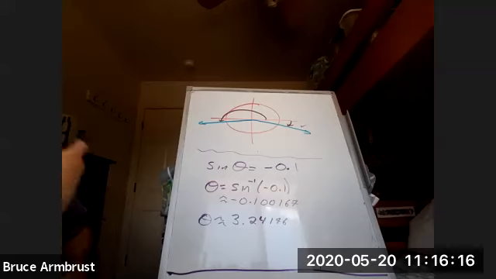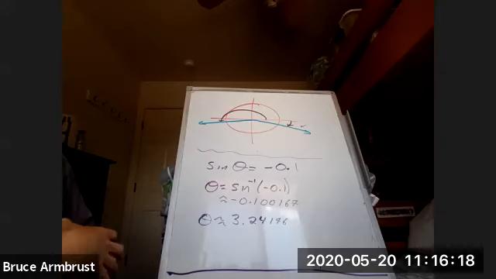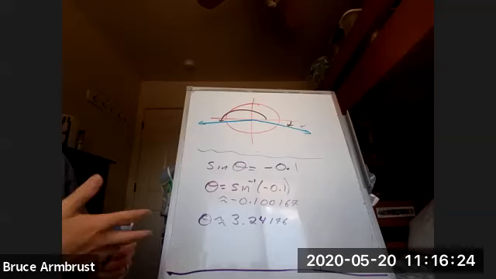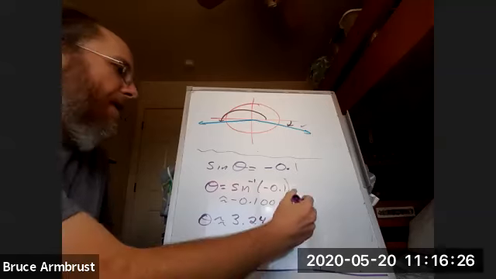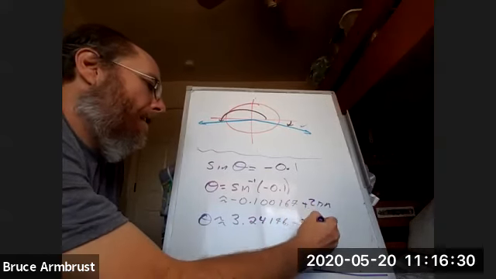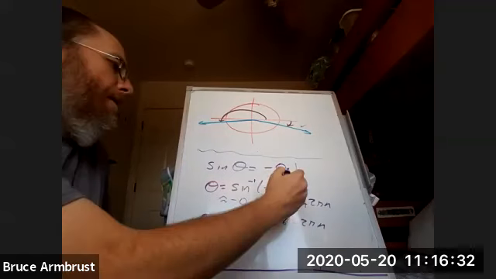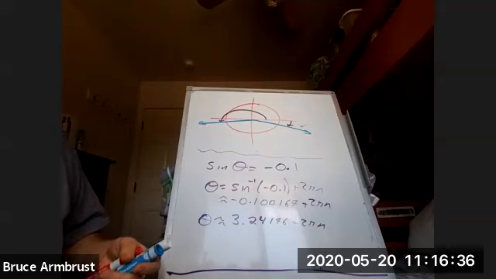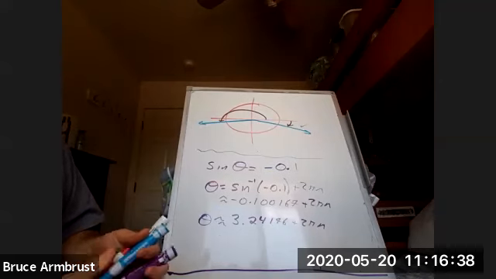Okay, so we now found all of the angles that occur in one period. And so just like before, we can add on our plus 2 pi n. I'll go ahead and put it up here as well. So let me just sort of differentiate between these things.